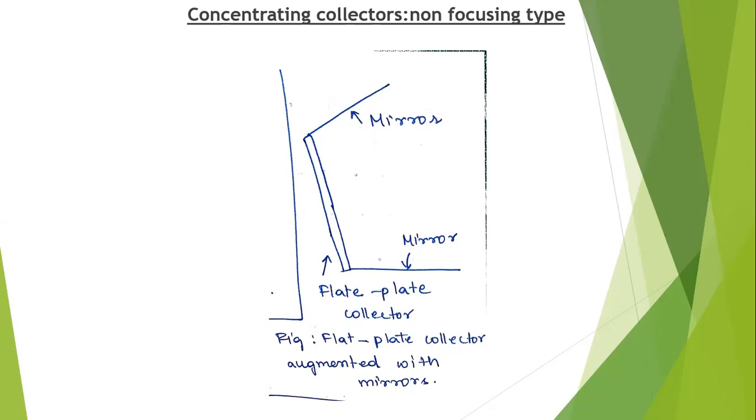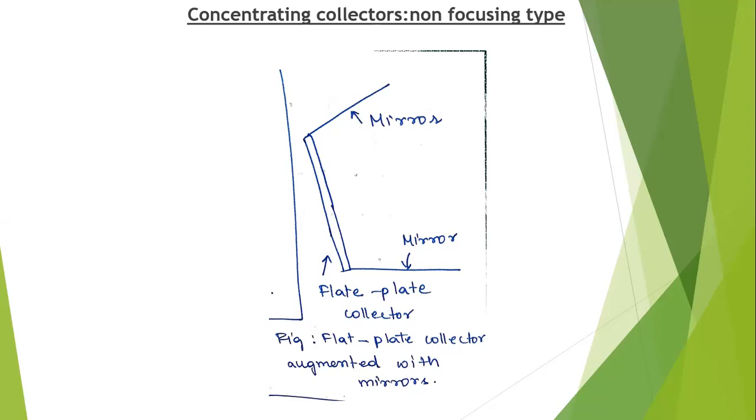If the mirrors are set at the proper angle, they reflect solar radiation onto the absorber plate. According to the sun's direction, these mirrors are changed and oriented.